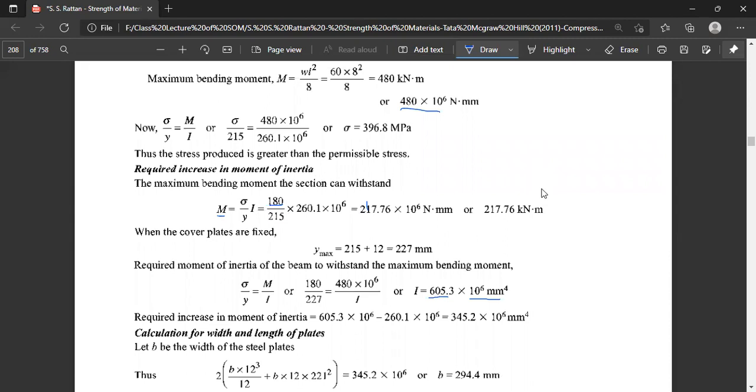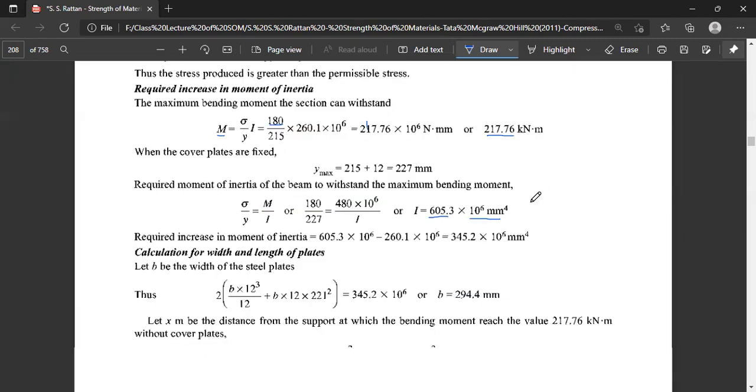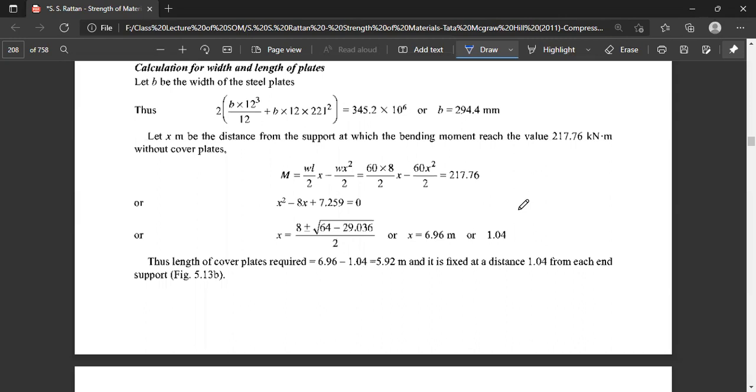So here we see our I-beam can withstand up to the bending moment of 217.6. So we are calculating the distance from the support at which the bending moment will reach 270. From this equation, we have minus b plus or minus the square root of b square minus 4ac.